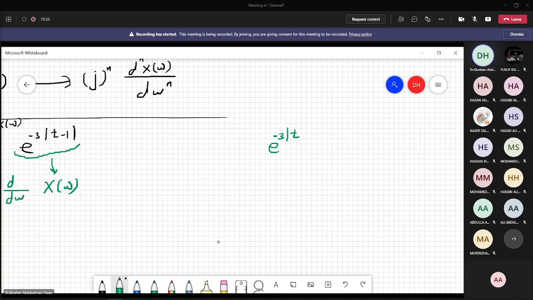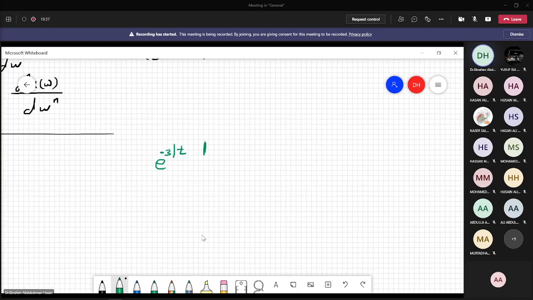Okay, let's say without the shift first. This is from the table, so from table 1. In table 1 we have e to the power of minus a absolute value of t. The Fourier transform for this one is equal to 2a divided by omega square plus a square.